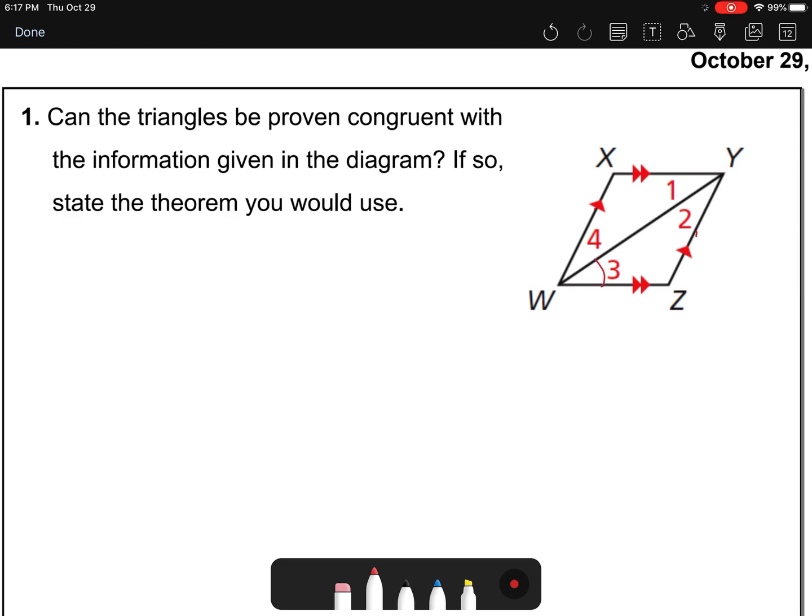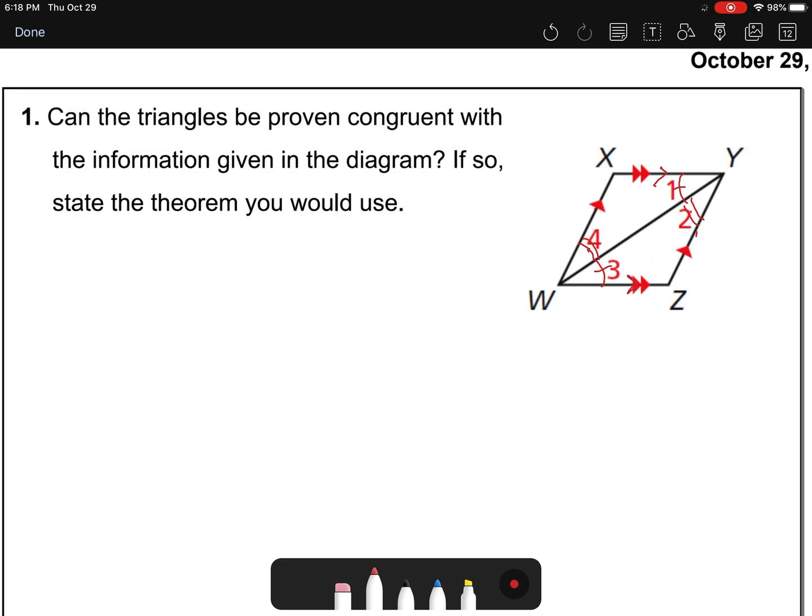Well, angle 3 and angle 1 are alternate interior, and XY and WZ are parallel, so we know those would be congruent. But 2 and 4 are formed by YZ and XW, but they are also alternate interior. So they're congruent because the lines are parallel.